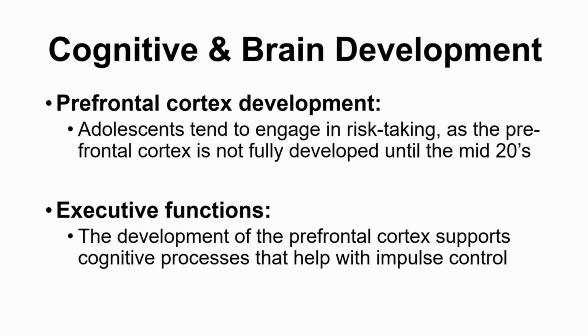However, while yes, we do see that adolescents are more likely to engage in these risk-taking behaviors and not thinking of the consequences of their actions, it isn't only because of this later development of their prefrontal cortex. It definitely plays a role, and it is true that it's developing later on.